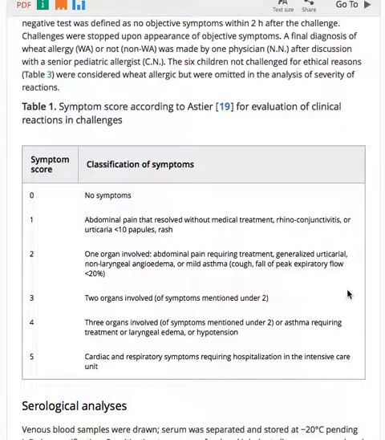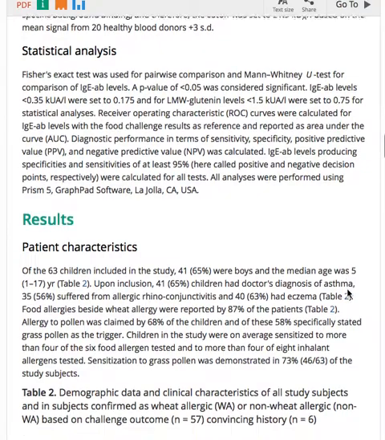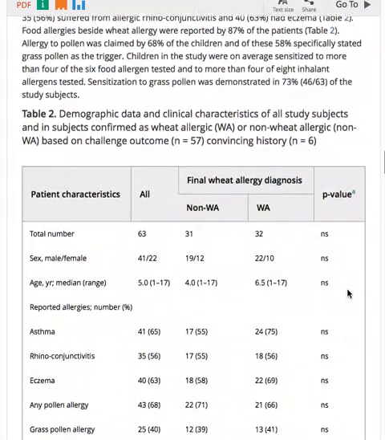And the children that were confirmed with wheat allergies had higher levels after the end of the study. They had higher levels of the immunoglobulin E, which correlated with the severity of their reactions. So the children that had higher levels of the IgE when it came to the wheat allergy showed worse reactions, and that is shown down here.